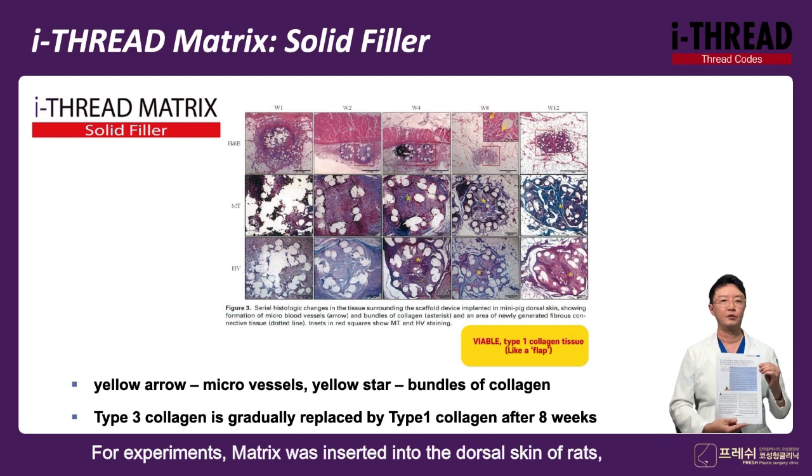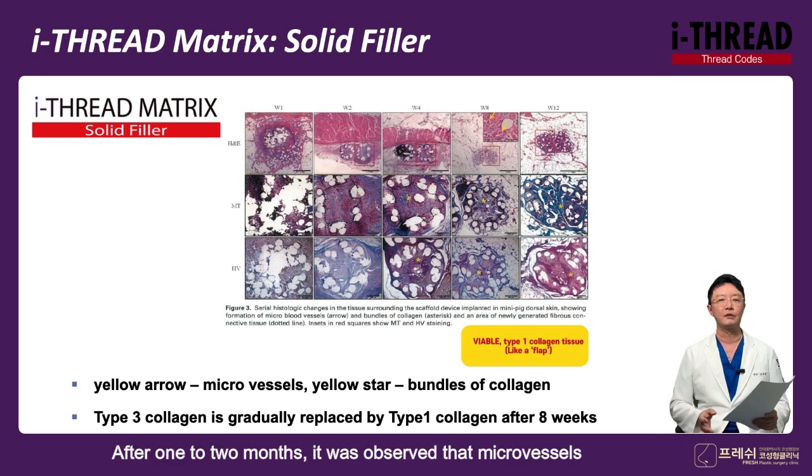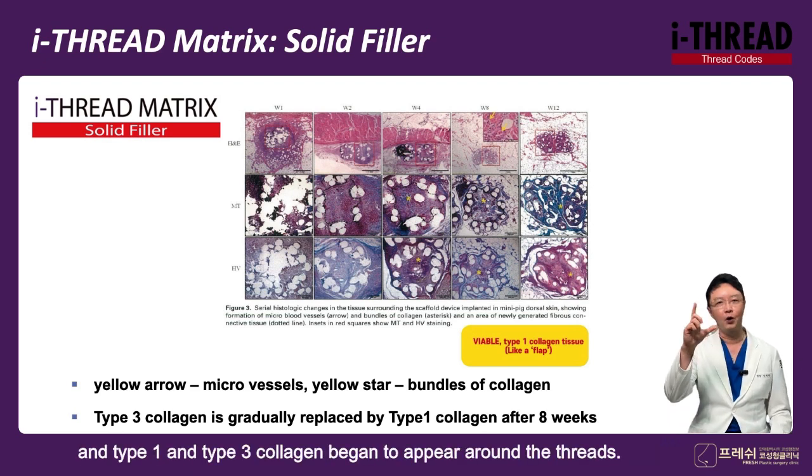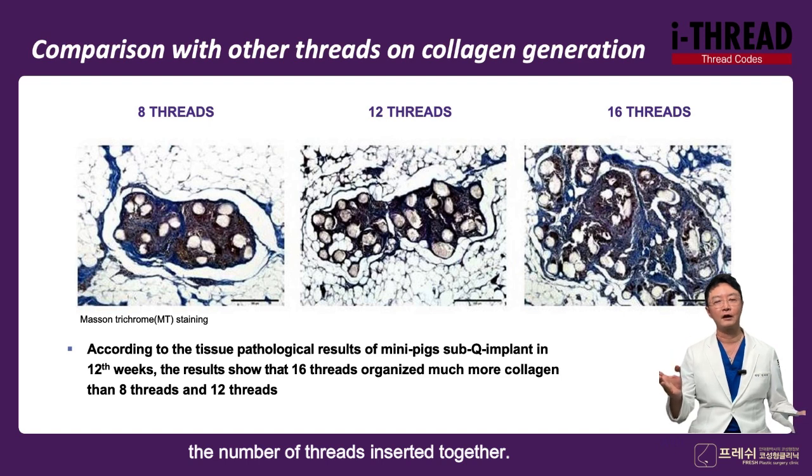For experiments, matrix was inserted into the dorsal skin of rats, and histological changes were observed over time. After 1 to 2 months, it was observed that microvessels and type 1 and type 3 collagen began to appear around the threads. Let's look at how collagen regeneration varies depending on the number of threads inserted together.